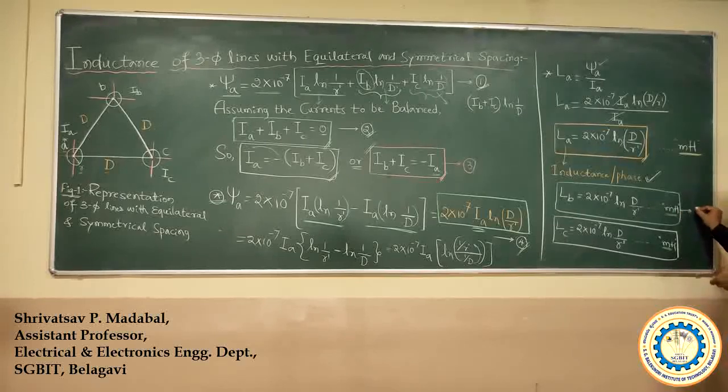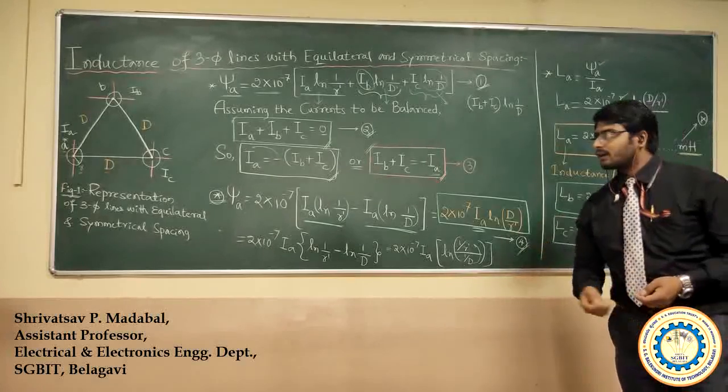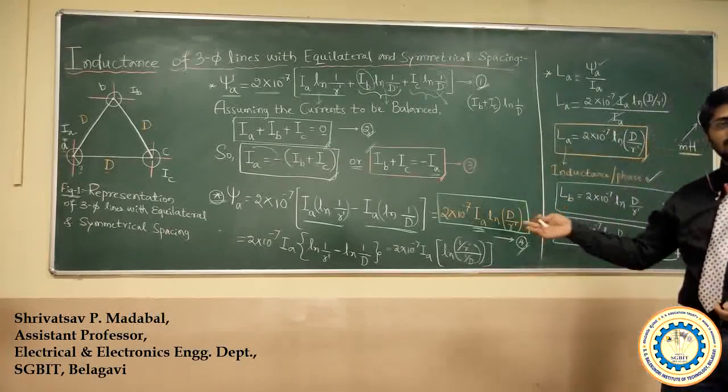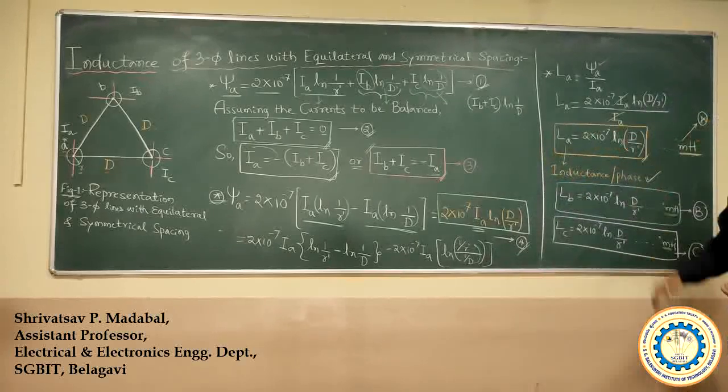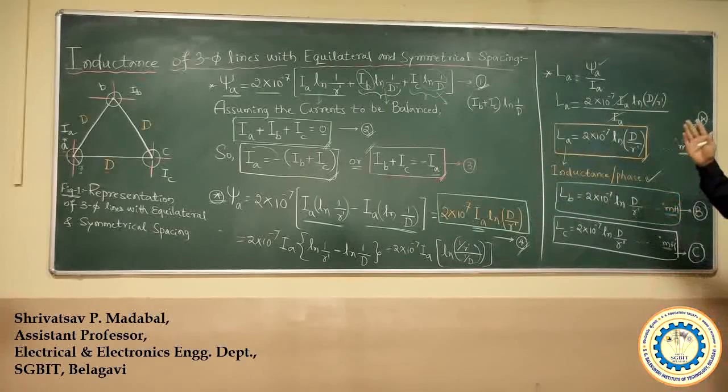I will call this equation B, this equation A, and similarly for conductor C it remains the same, as equation C. Further, we can solve a problem on this particular concept using a three-phase line with equilateral, symmetrical spacing.